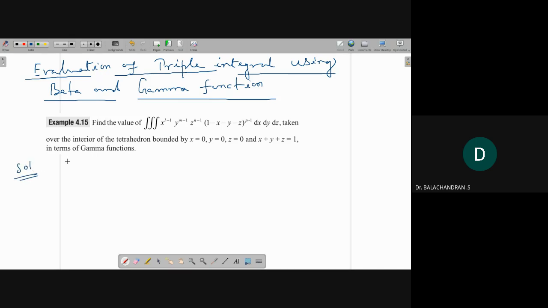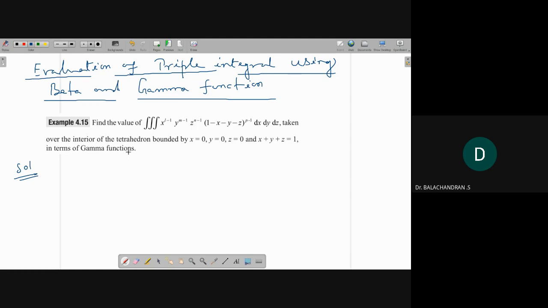Find the value of the triple integral of x power l minus 1, y power m minus 1, z power n minus 1 into (1 minus x minus y minus z) whole power p minus 1, dx dy dz, taken over the interior of the tetrahedron bounded by x equal to 0, y equal to 0, z equal to 0 and x plus y plus z equal to 1, in terms of gamma function.